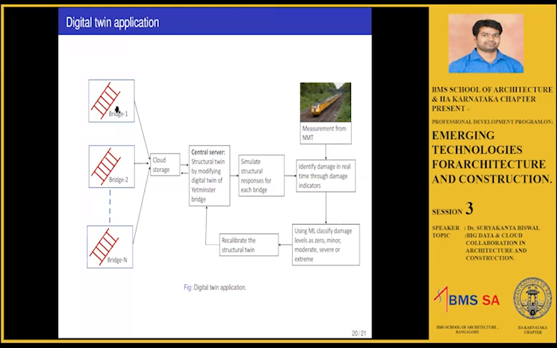Let's say we have the measurement for bridge 1. The structure twin of bridge 1 will be calibrated based on the measurement on bridge 1.